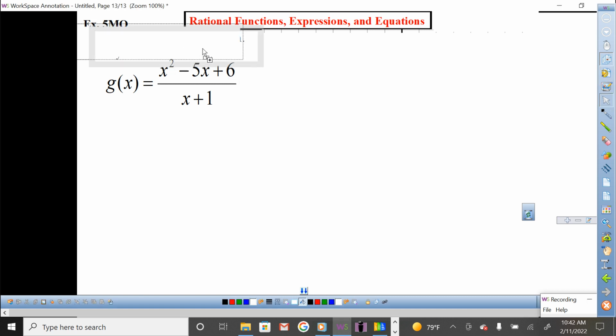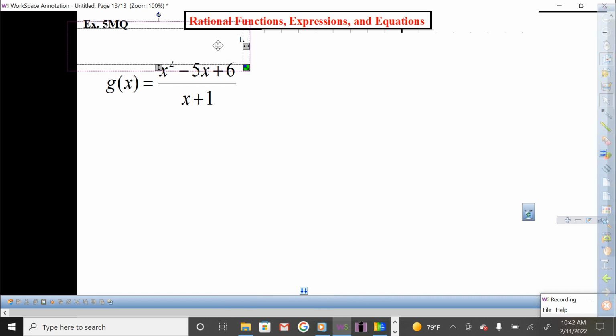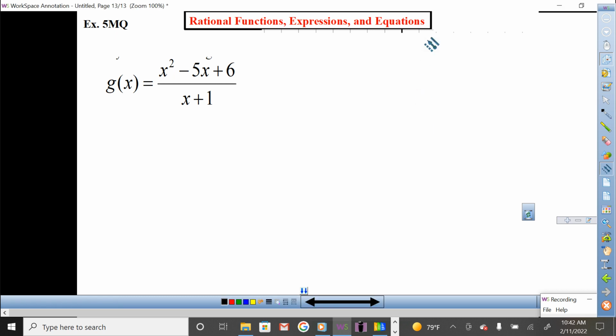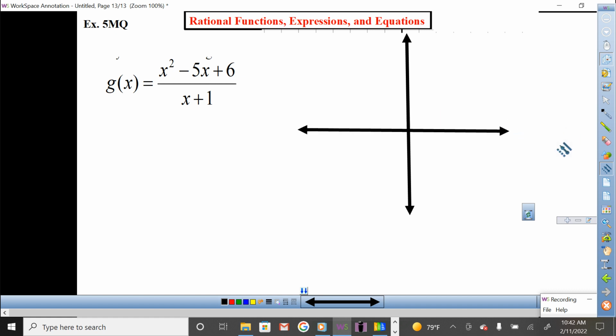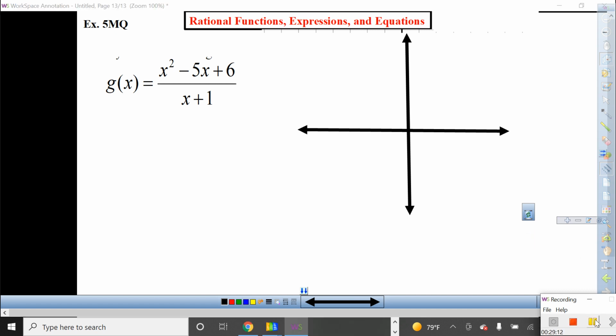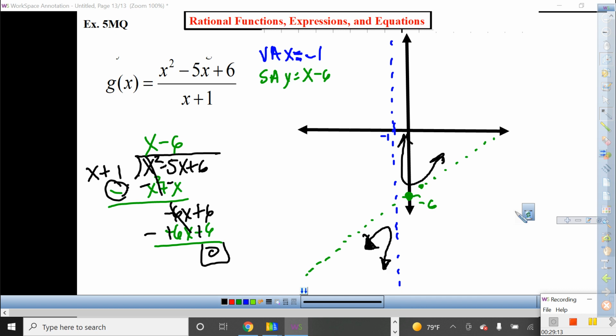We are given, my goodness, g of x equals x squared minus 5x plus 6 over x plus 1. Give some time for that. Shouldn't take you long by now. Copy and. Alright, check your work on the screen.